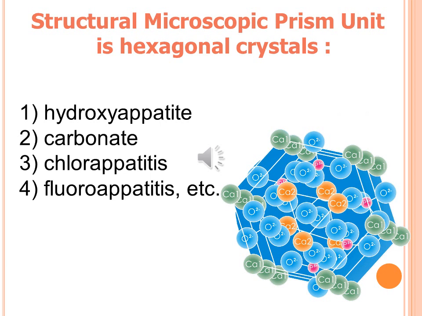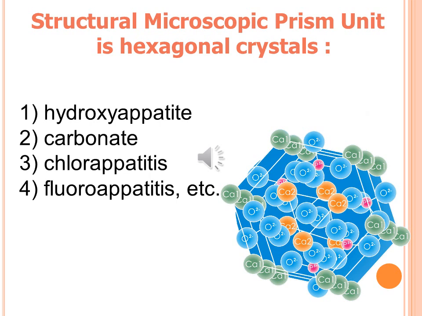The structural macroscopic unit of the prism is hexagonal crystals. It can be hydroxyapatite, carbonapatite, chlorapatite, fluorapatite, etc. With age, the mineralization of the enamel increases, which leads to the accumulation of fluorapatites in its thickness.